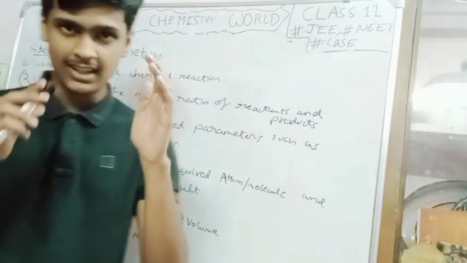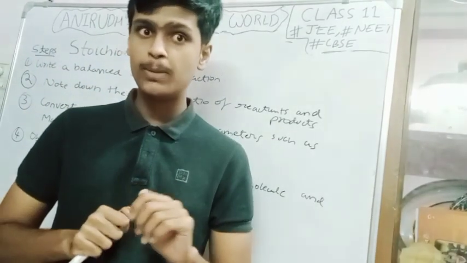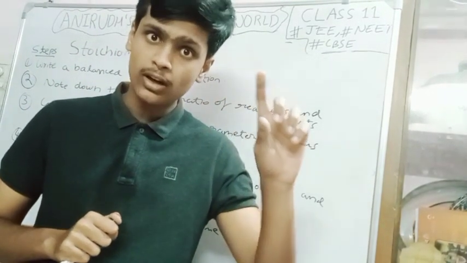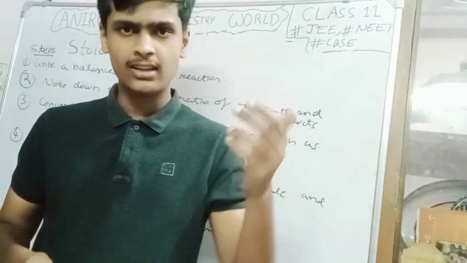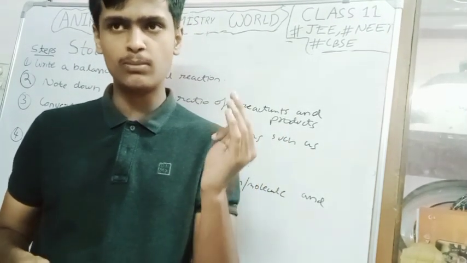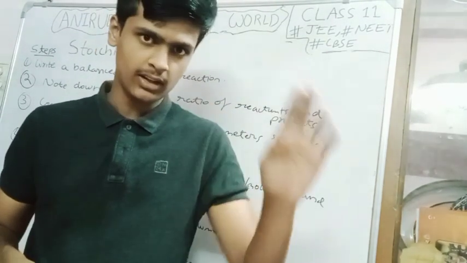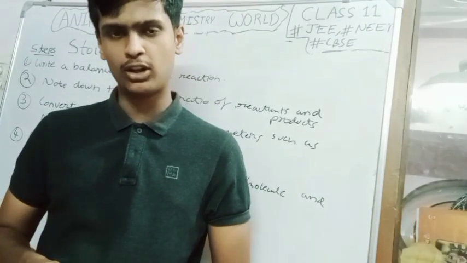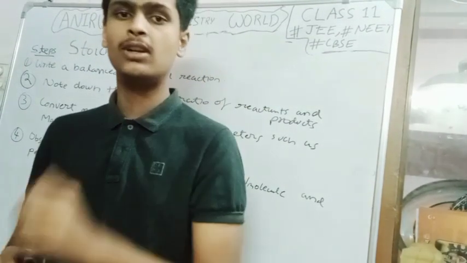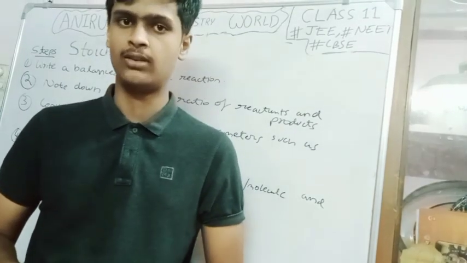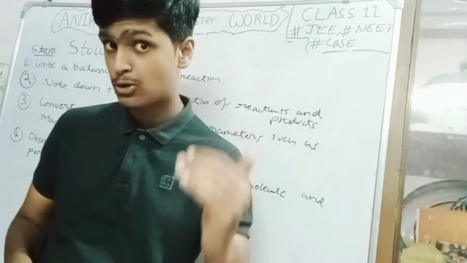In stoichiometry you will be given the amount of a substance, like mass, volume or number of moles of some element or molecule, and you will be asked to find it for another molecule, which is only possible when you know the reaction and the steps to be followed.